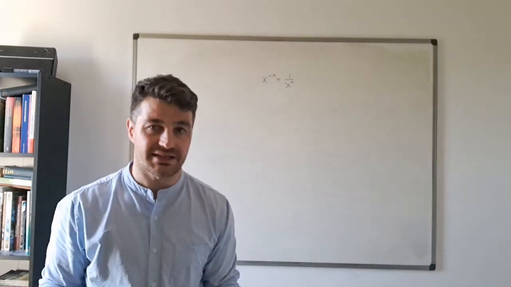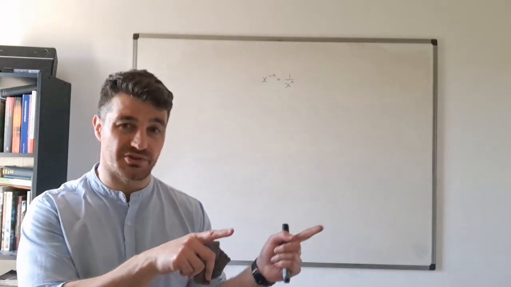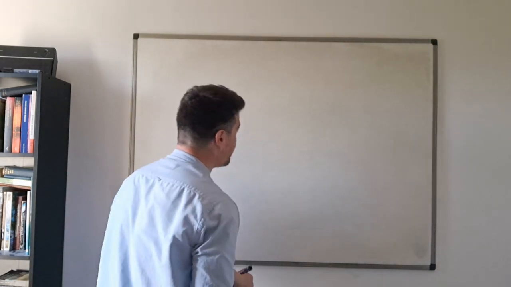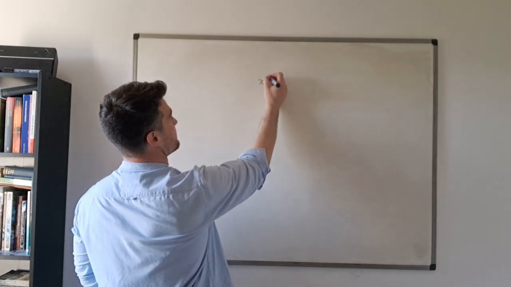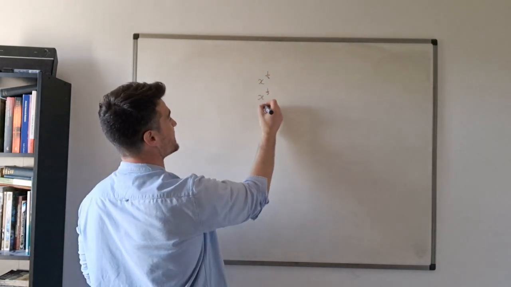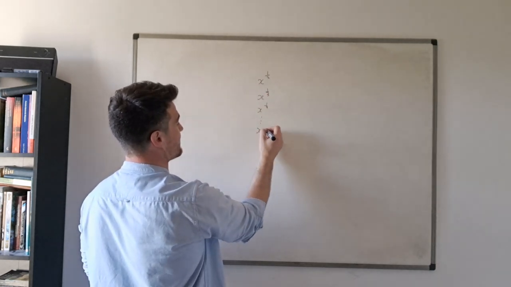Well, the next stop is rational powers. Now we're going to have to do this in 2 stages. First of all, we're going to consider powers like this: x to the power of half, x to the power of a third, x to the power of a quarter, and more generally x to the power of 1 over n.